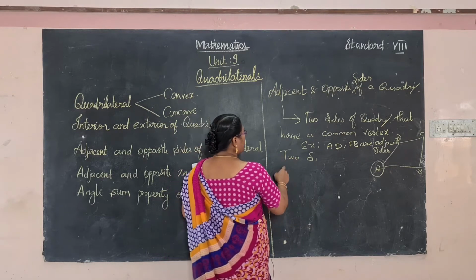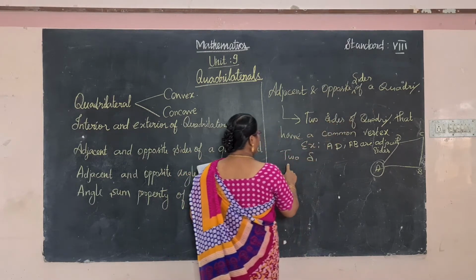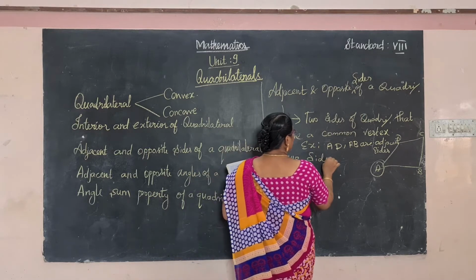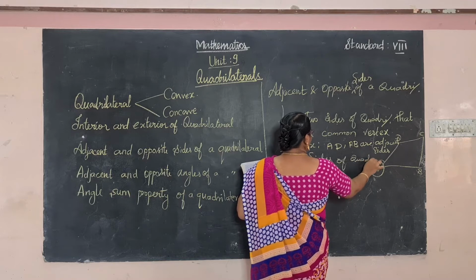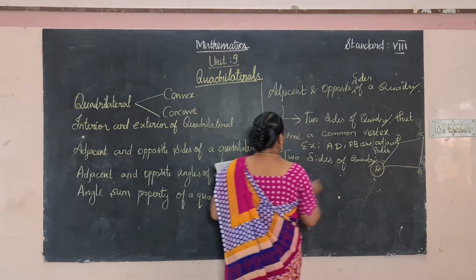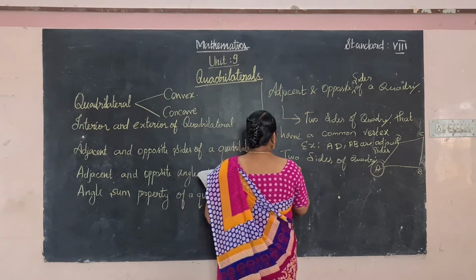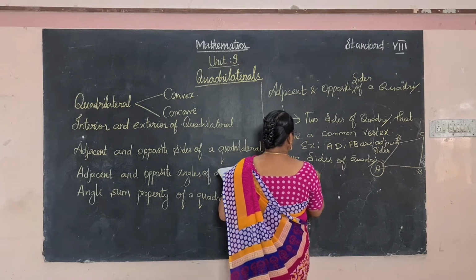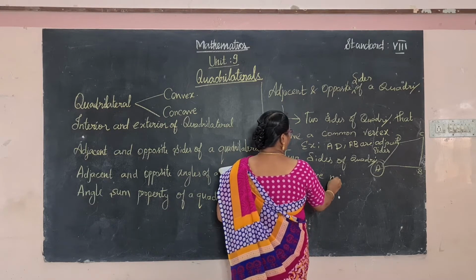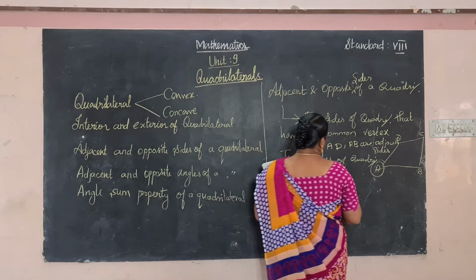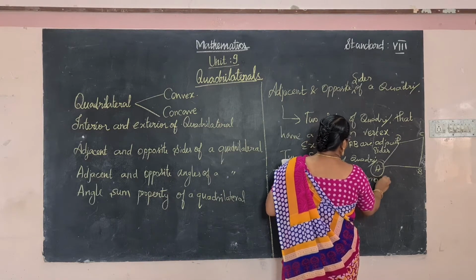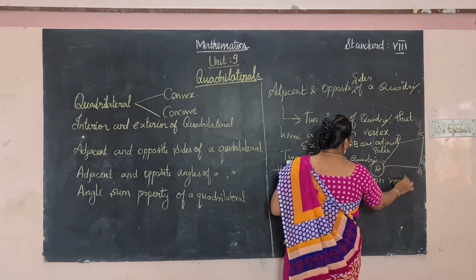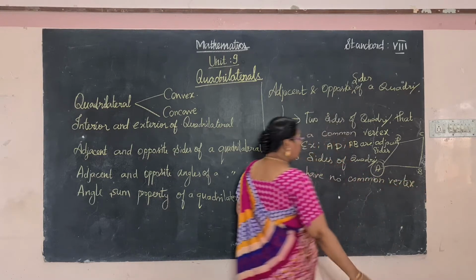And second one, the opposite sides of a quadrilateral means two sides of the quadrilateral that have no common vertex.